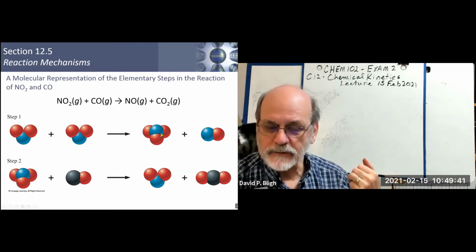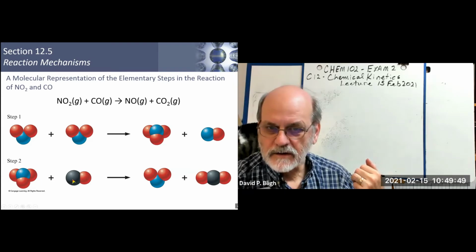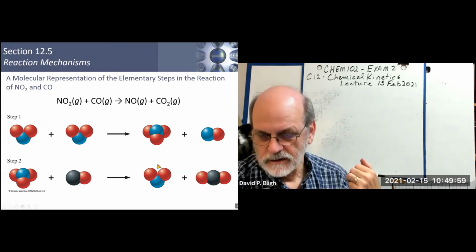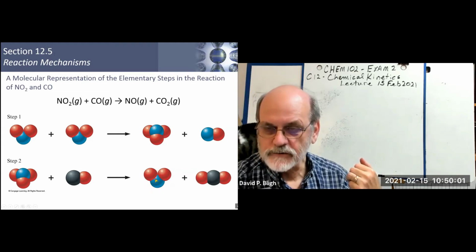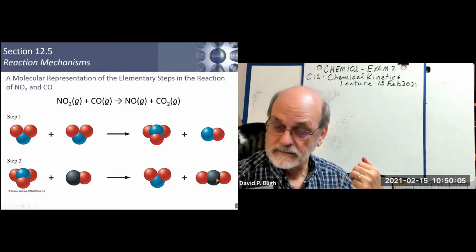Then we take that nitrogen trioxide and react it with carbon monoxide. And we transfer that oxygen over to that carbon monoxide, which regenerates a nitrogen dioxide and produces the carbon dioxide.